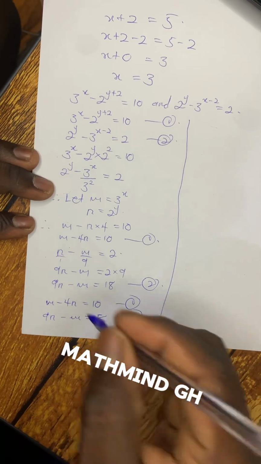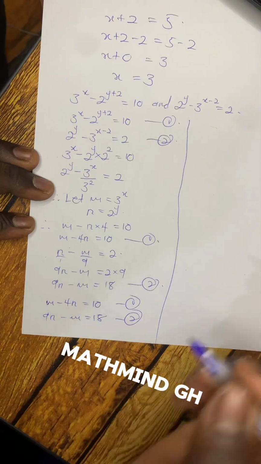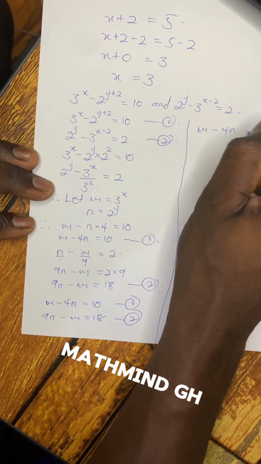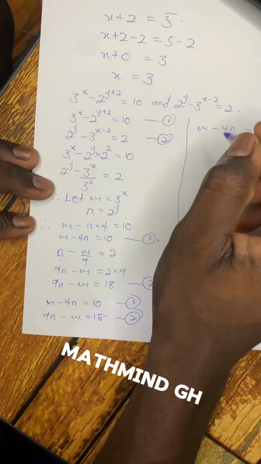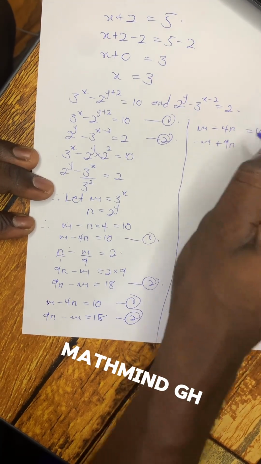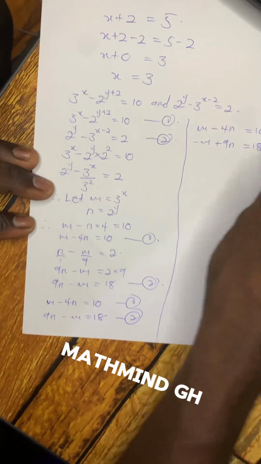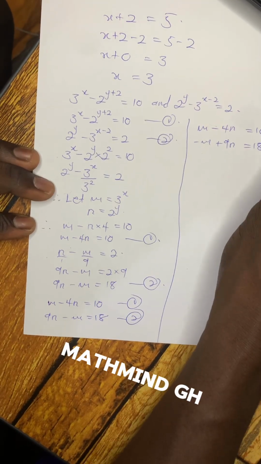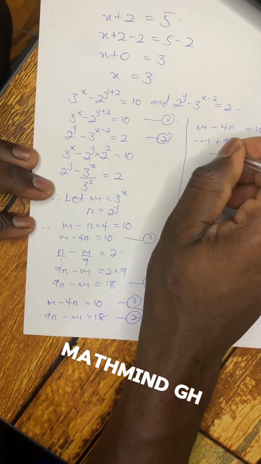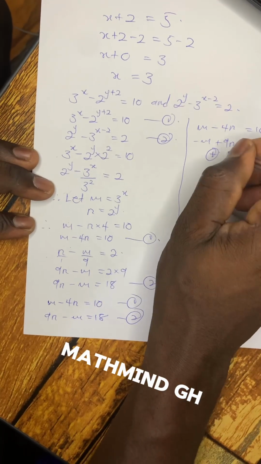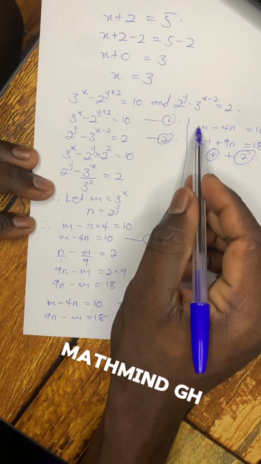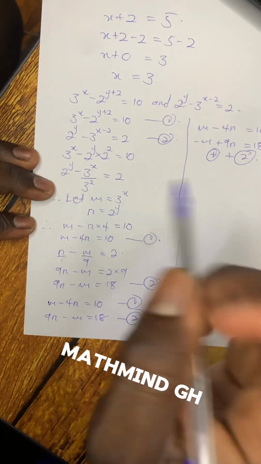Then I can rearrange these equations as m minus 4n equal to 10. Then equation 2 will be negative m plus 9n equal to 18. It's the same equation. So that when I add equation 1 to equation 2, negative m and positive m will go.